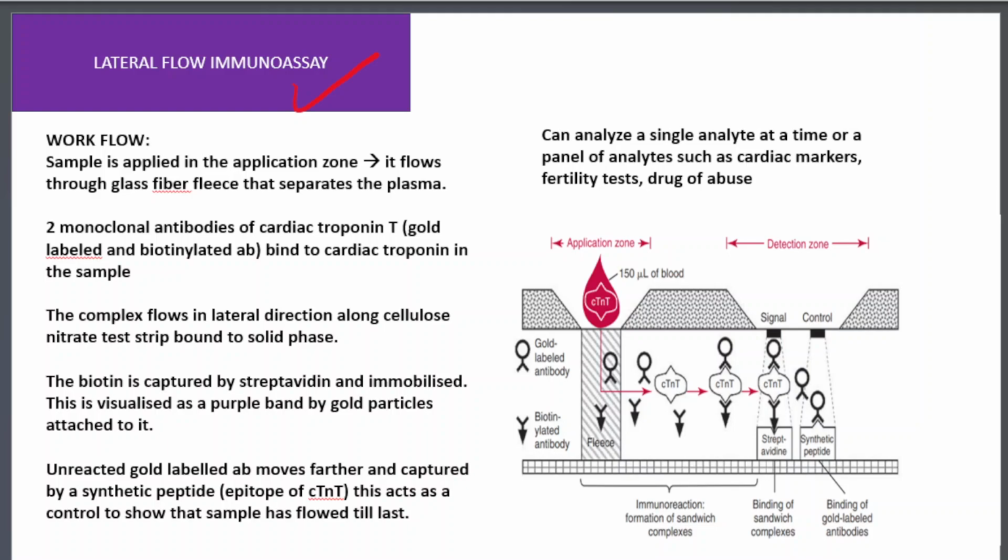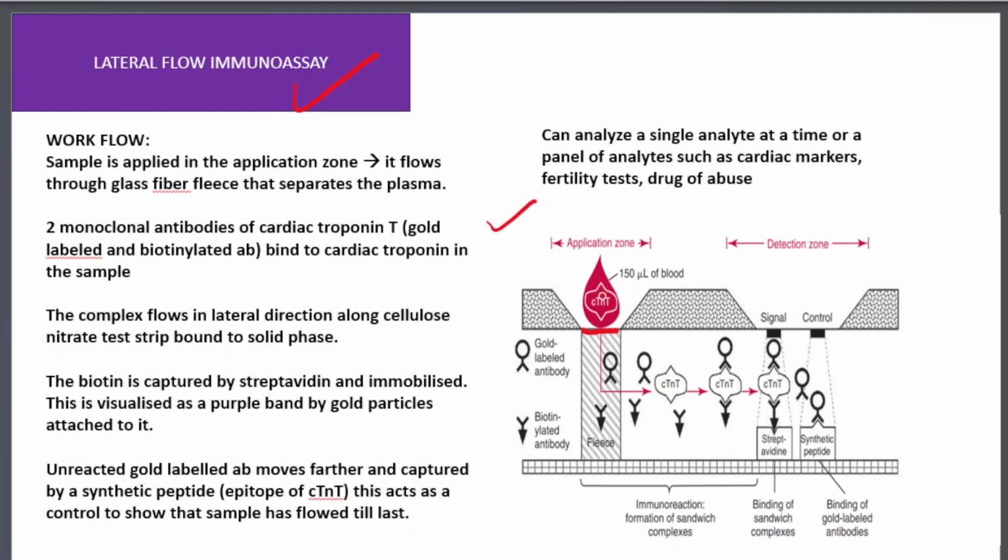So one such example that I am going to explain to you is the lateral flow immunoassay, right? If you just look at this picture, this is the application zone onto which I'm going to place a drop of blood. That is the sample.